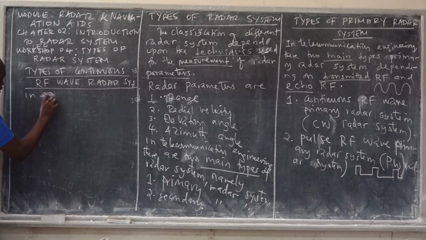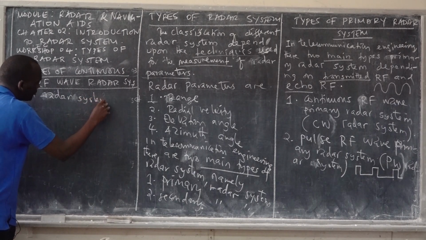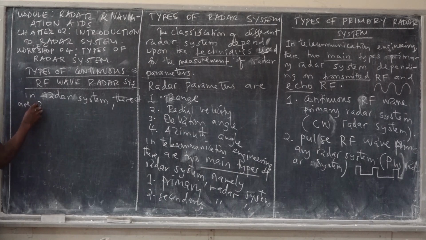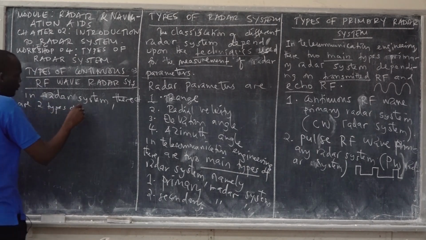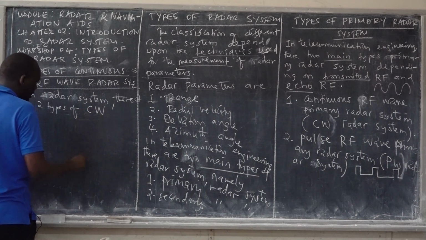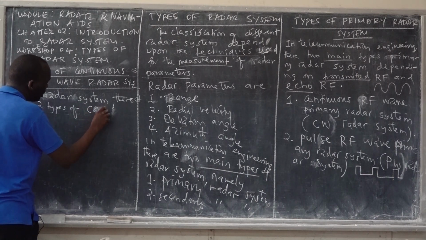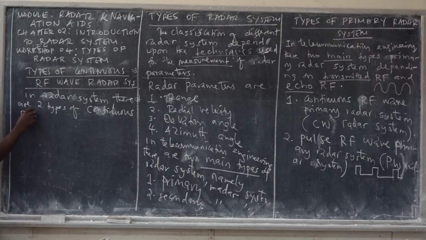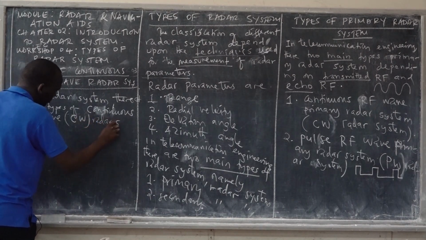So in radar system, there are two types of continuous, let's say continuous radio frequency wave or CW radar system.